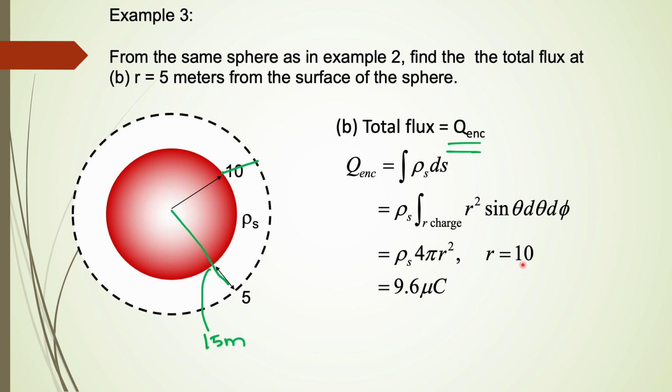The charge exists only at radius 10. More than that or lesser than that, the charge will not exist. So your r is now equal to 10, and your answer should be the same as the previous question, example number 2 that we did earlier. I hope you are very clear with this.